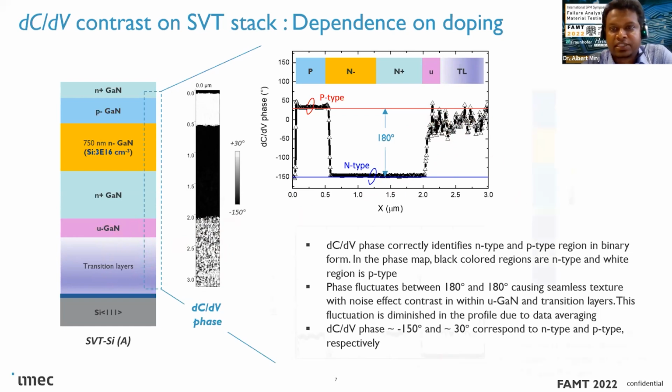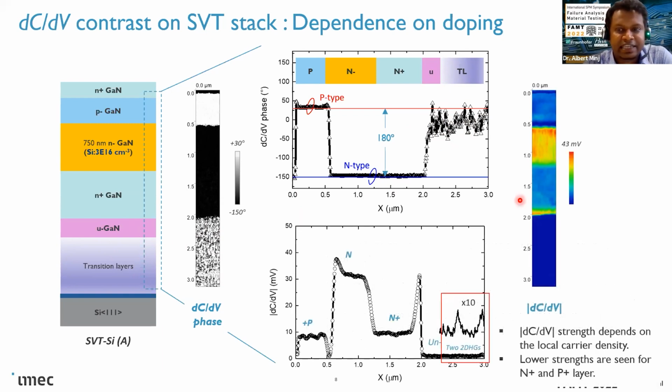So now we can look at what we are seeing in the dC/dV magnitude. Here we have different contrast in different layers. This is the dC/dV profile. We have the P+ region. Within the N and the N+, we have different values. Then there are some distinctions.